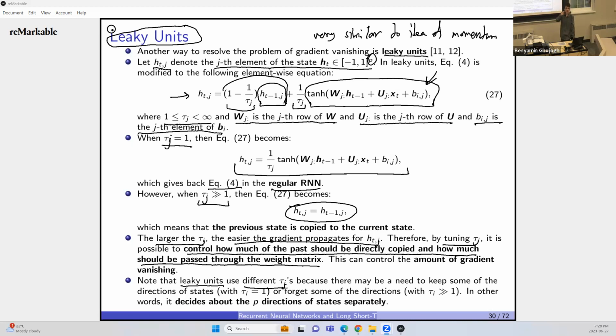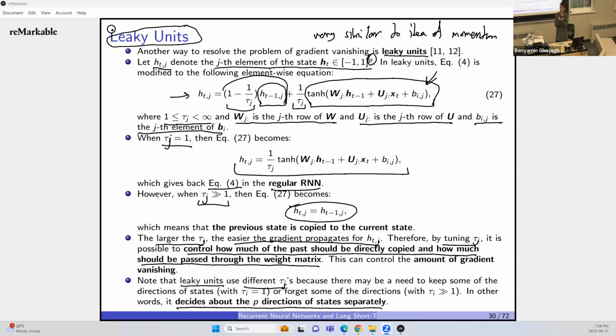This is because I want to treat the elements differently. I don't want to see all the elements and directions as the same. So I let backpropagation decide about the directions of the states separately. Okay. So you can let tau j be learned by backpropagation, or you can set it yourself manually.